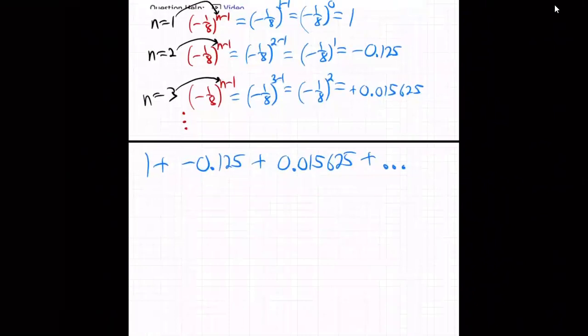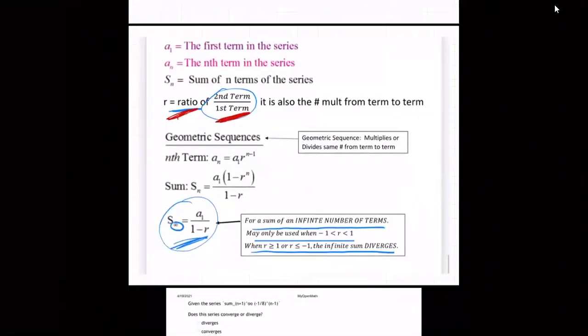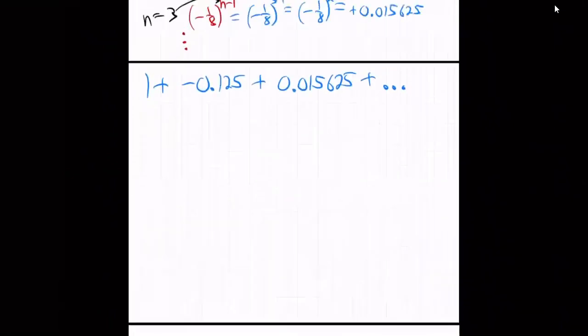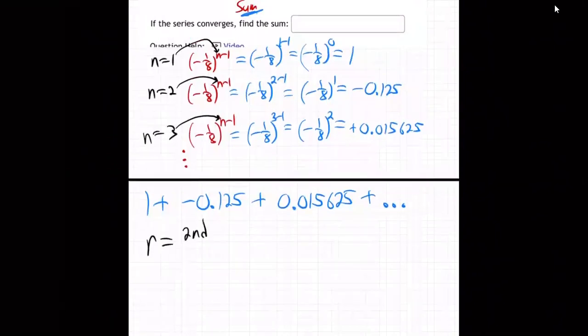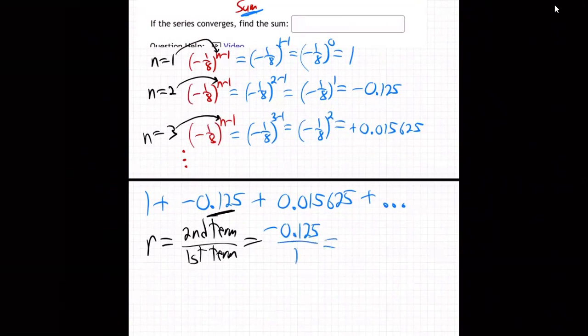What is the R? You go down to the notes here. R is the ratio, second term over first term. So R equals second term over first term. What's the second term right here? That'll be negative 0.125 over first term 1. So that's easy math, negative 0.125.